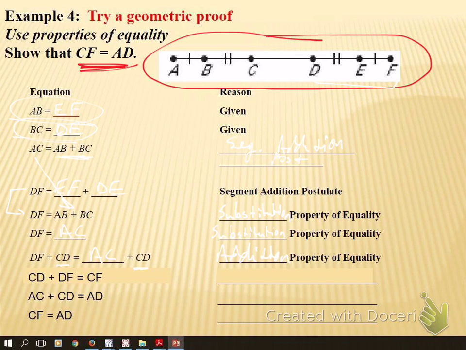Okay, and then we're going to use the fact that DF plus CD is equal to CF. Well, that's your segment addition property again. It's coming back.